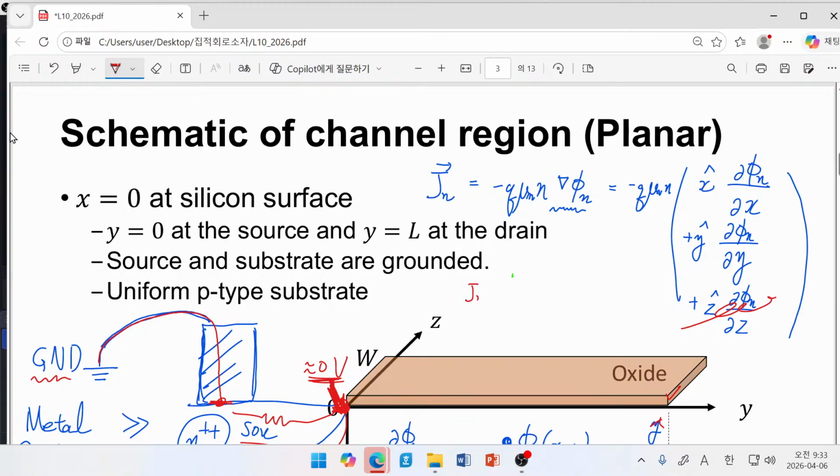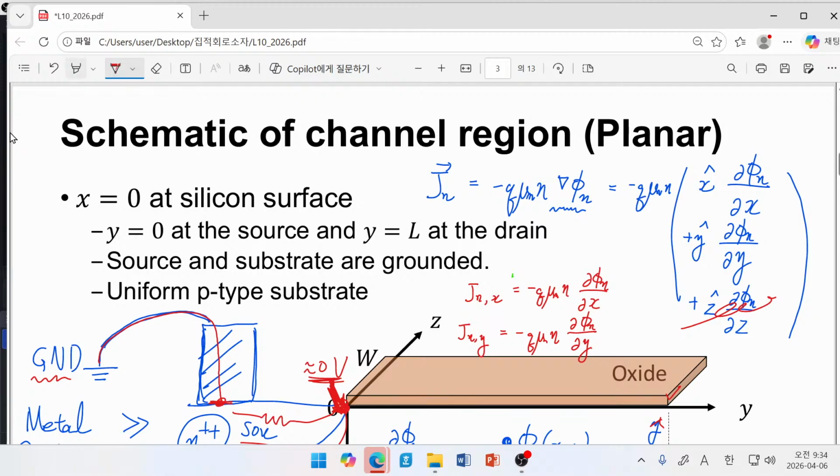Simply speaking, if we write down the x-directional component of this vector field Jn, then we have to write down minus q mu n, that is shared, and finally phi n partial derivative with respect to x. And if we consider the y-directional component of Jn, we have the same leading coefficient, but the partial derivative should be taken with respect to y. So that is the point.